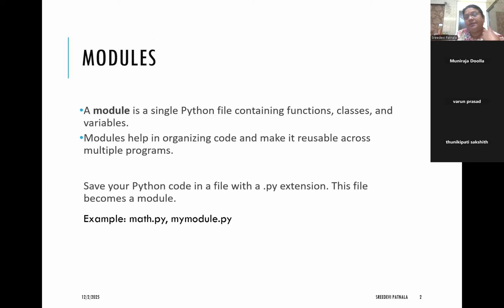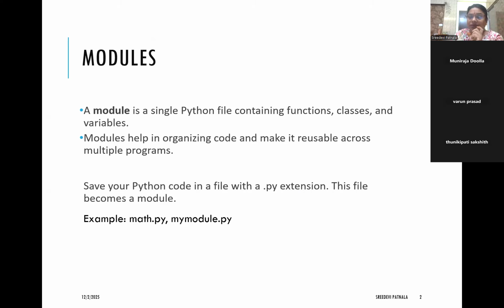Some of them are outside of the Python installation. Those are called third-party libraries, which are prepared by different developers in the Python community. That also becomes a module or a package or a library. You can directly use it by installing with pip install and the library name, package name or module name. That also can be done.